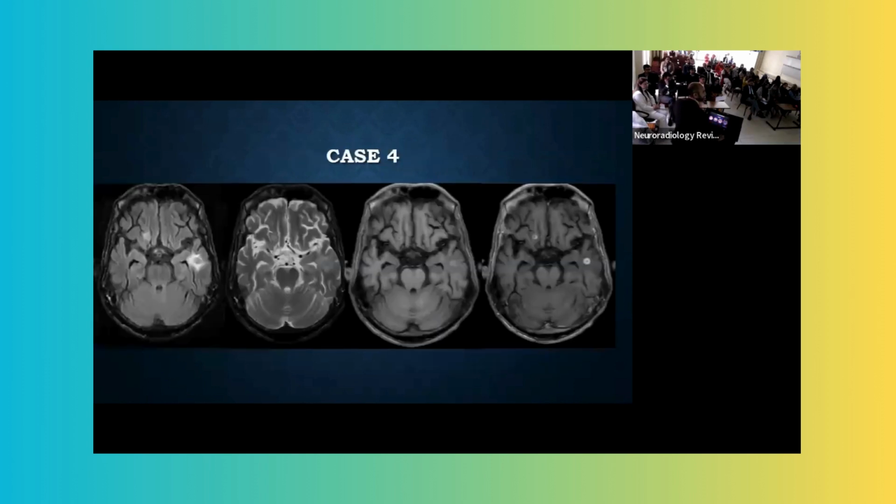So case 4, a very interesting one, endemic to our place. I'm sure, again, you all got that. So there are various stages of tuberculoma, okay? Depending on where it is, if it's end stage, all you will see is a dark spot. And even on the CT, you will see some calcification.